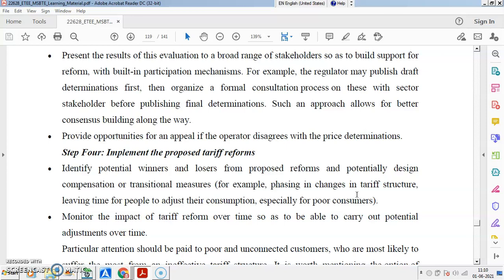You have to publish the tariff in such a way that the consumer will understand clearly. Otherwise, there are many political parties. They may come with some morchas and all these things, and again at that time, whatever study you have and whatever tariff you have implemented, that must be correct.